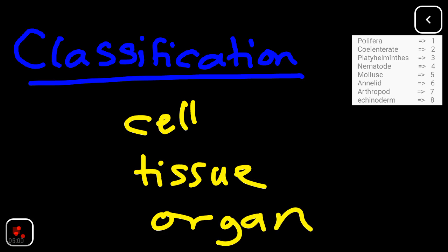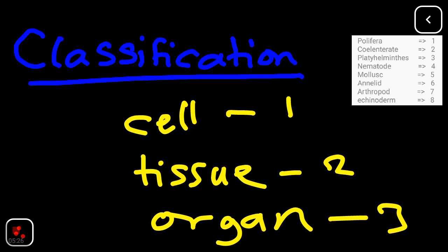This is very easy, because once you know this, you just number it from 1 continuing. I know from cell to tissue to organ is not something hard, you already know it. So this level of organization is 1, 2, 3, and I want you to pick these numbers exactly and put them on the table.